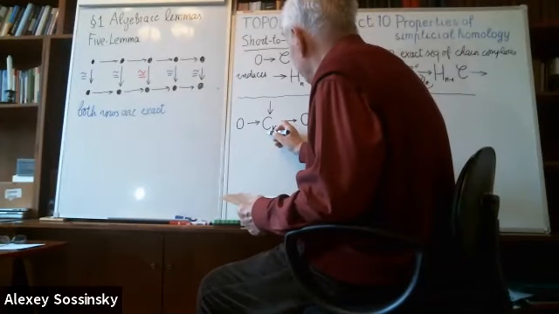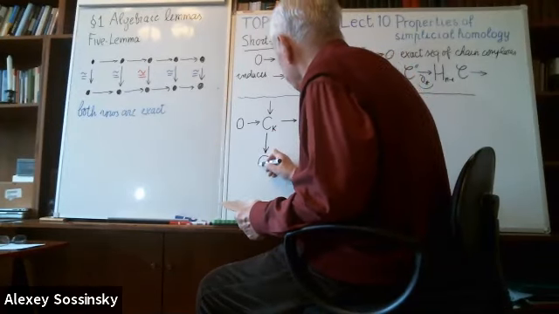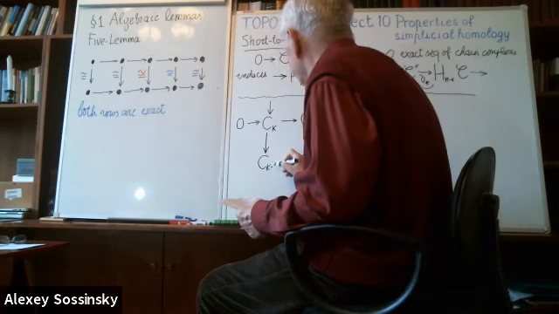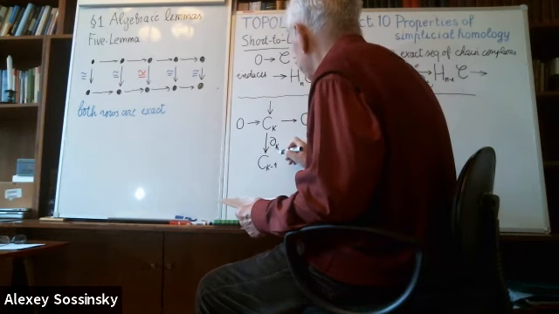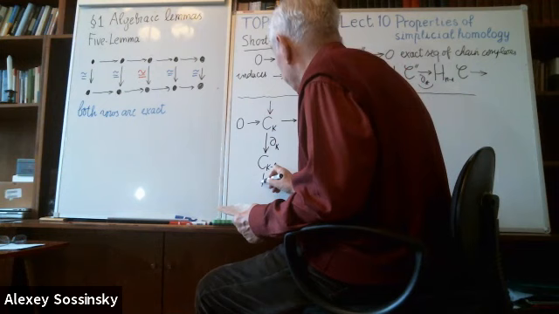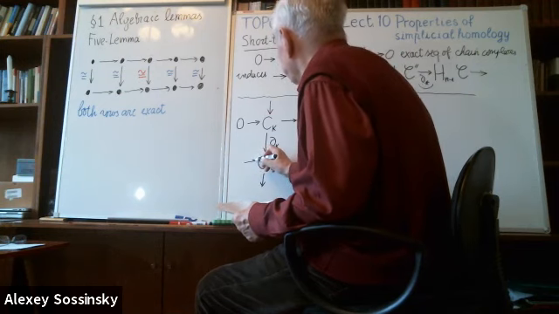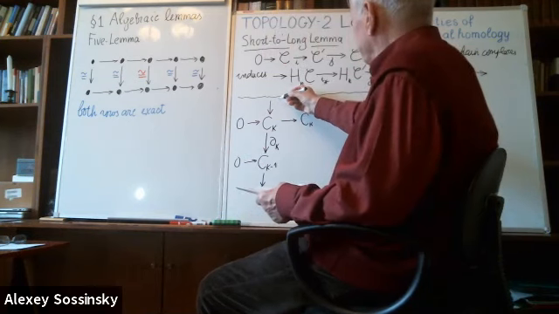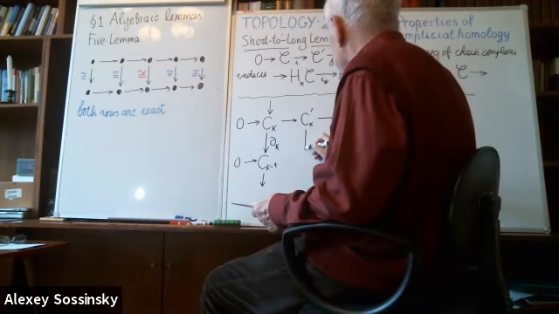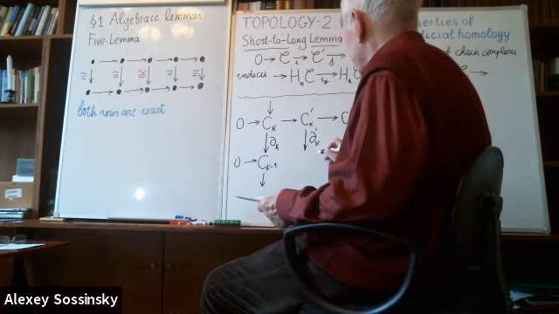And here we have ck minus 1 with the operator delta k, dk. So here we'll have dk plus 1. Go down here. We have d prime k here.